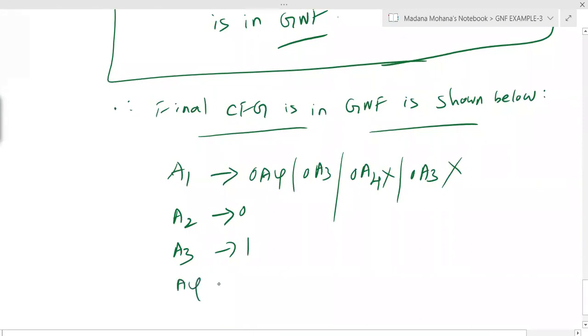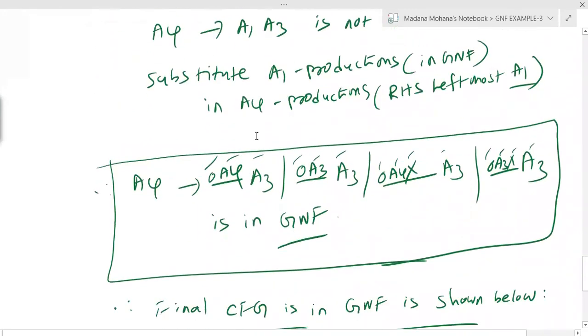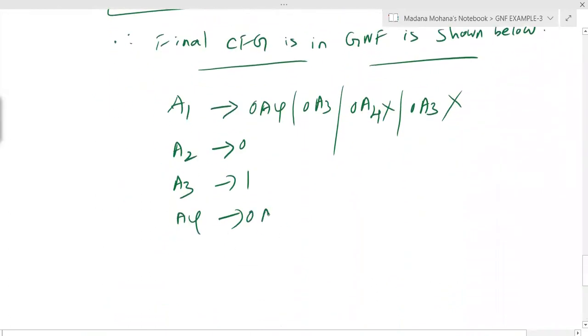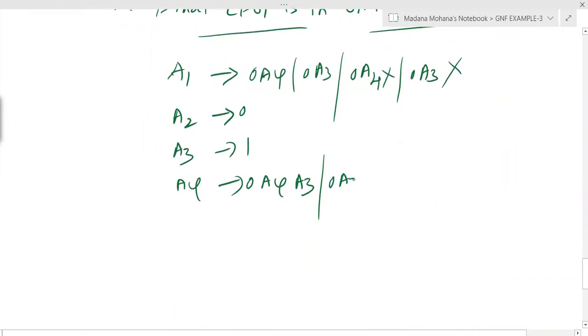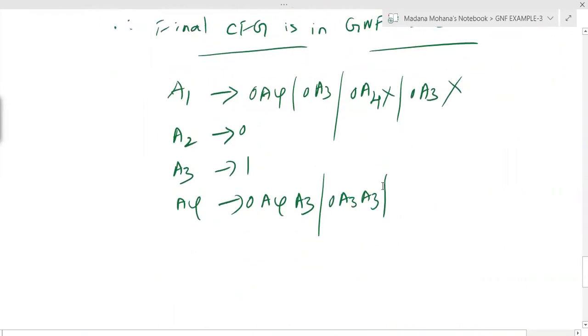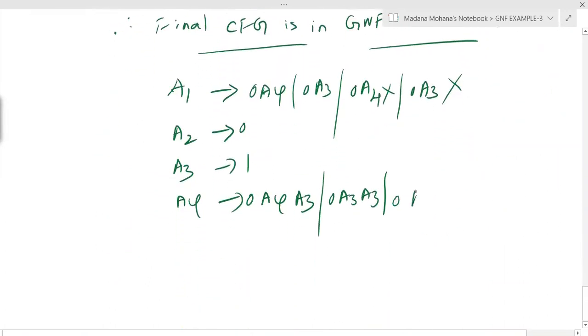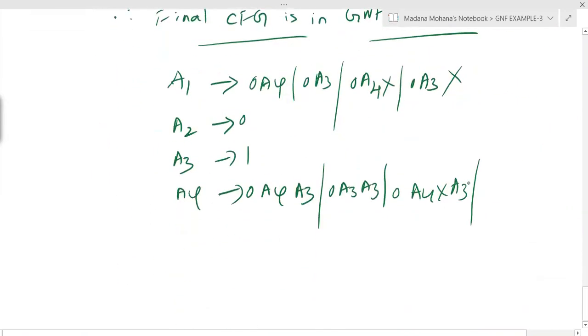Then A4. A4 derives, in the required form, these A4 productions: 0A4A3, or 0A3A3, or 0A4XA3, or 0A3XA3.